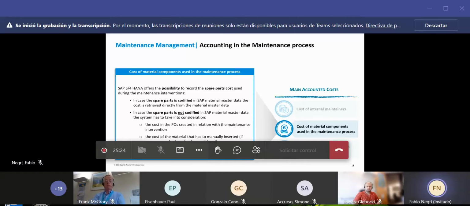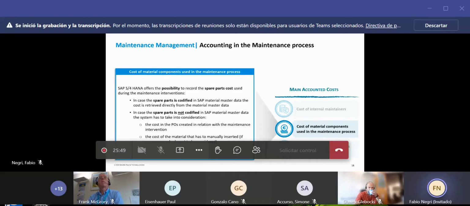The first case, in the first bullet, is a spare part which is codified in SAP. For that, we think about the IRIS form, where the maintainer puts the spare part that is used. This is possible only for spare parts which are present in the master data, so he can select the spare part that has been used.